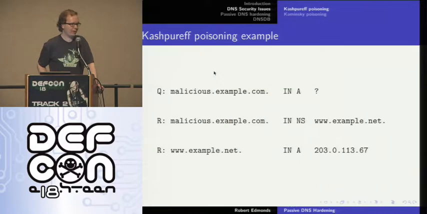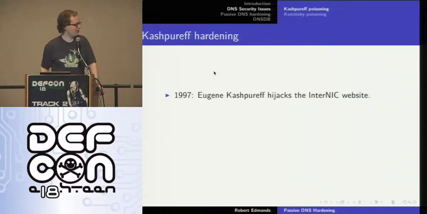I'm going to skip the actual example because it takes a while to explain, but the idea is that we have a malicious.example.com name, and we trick someone to look it up, and suddenly this unrelated name, www.example.net, points anywhere we want. Actually, let me go back. The gray record there is the malicious one, and it gets scrubbed out by modern DNS caches.